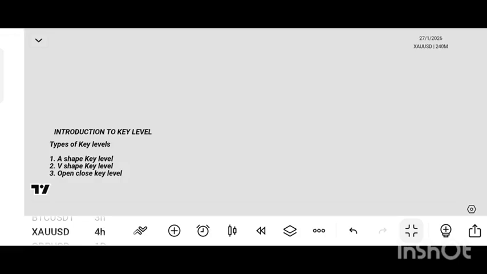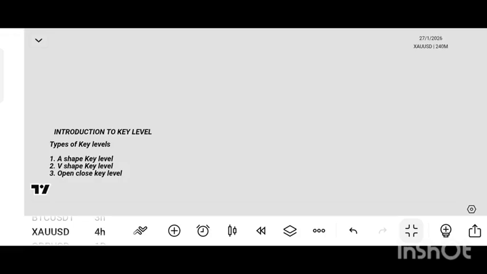You know my system that I trade is market structure, liquidity, and key level. So we are now in the key level part of it. Key levels, as we all know, are points or areas where we want price to react, that cause price to move, or where price reacts from.